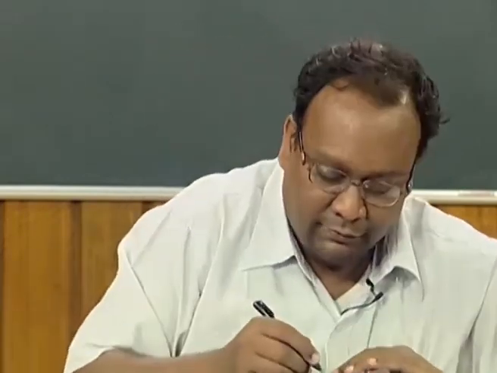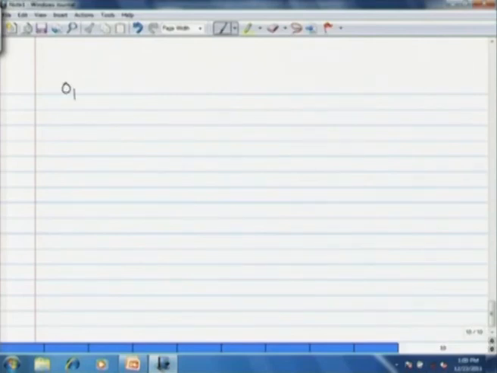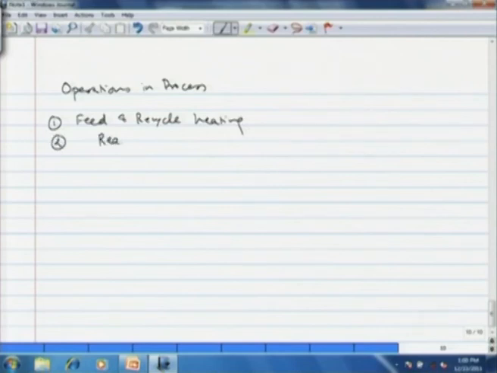The next task is to lump the cost associated with a particular operation, that we shall see in the next lecture, but I just give you the introduction of it before we stop. We identify certain main operations in the process. What are these? First is the feed and recycle heating. Second is the actual reaction or the reactor cost.